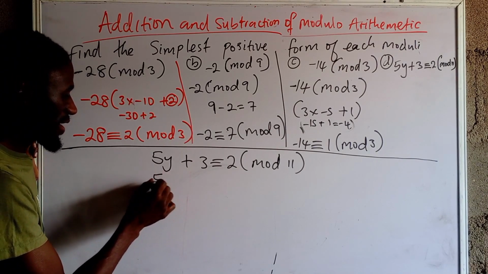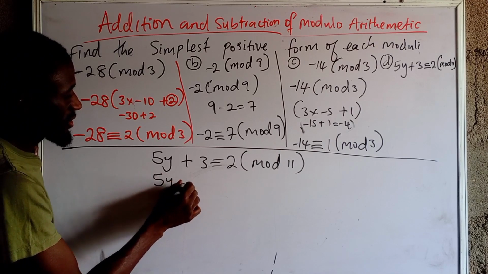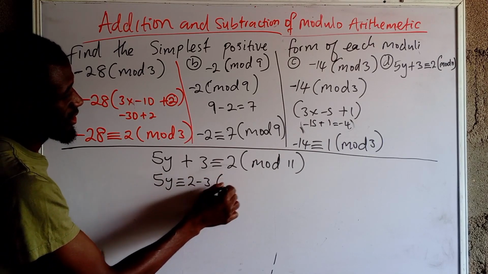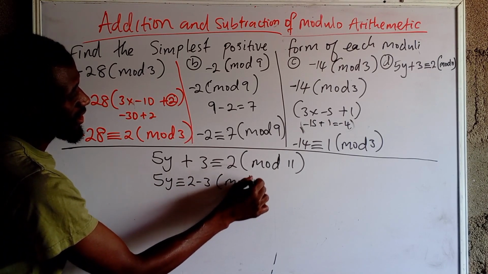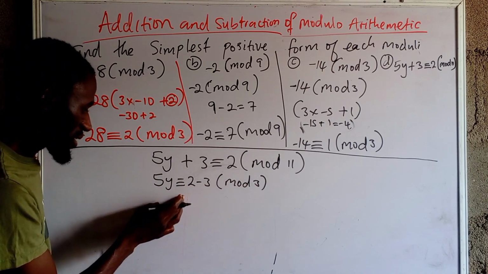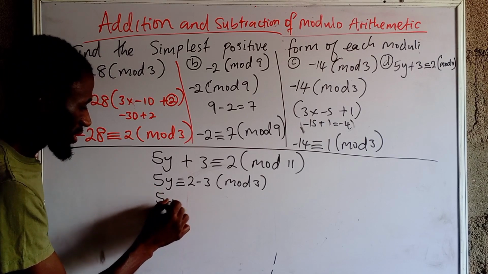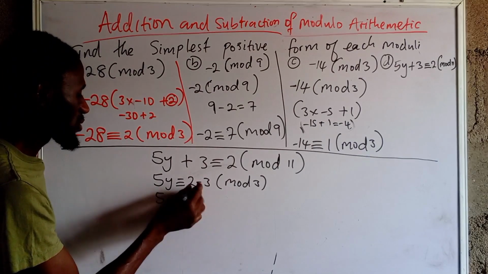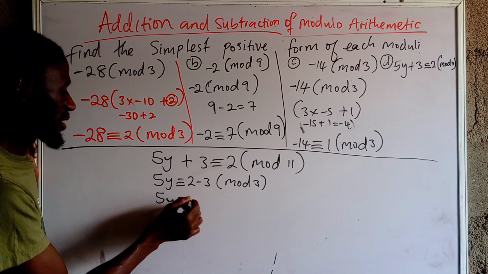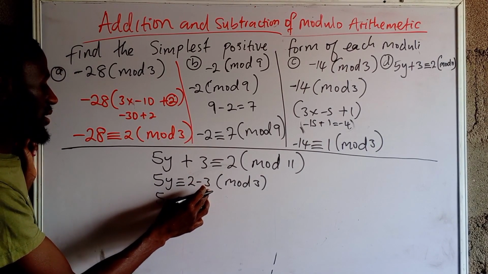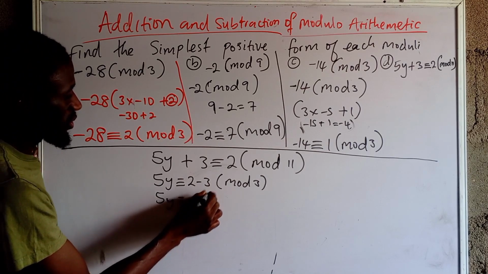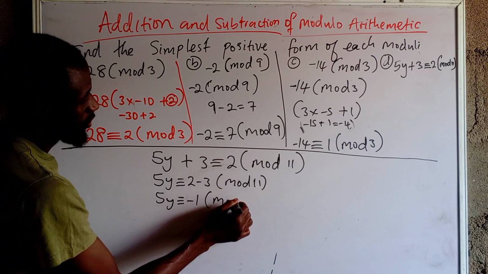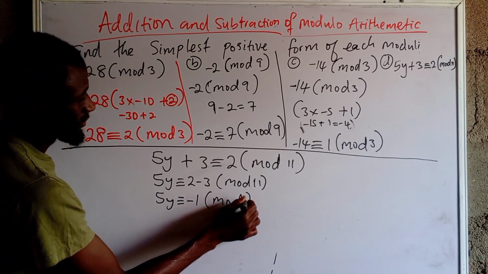Here we have 5y is equivalent to 2 minus 3 mod 11. 2 minus 3 here is minus 1 mod 11. We are in mod 11.